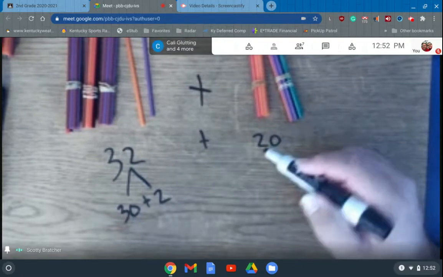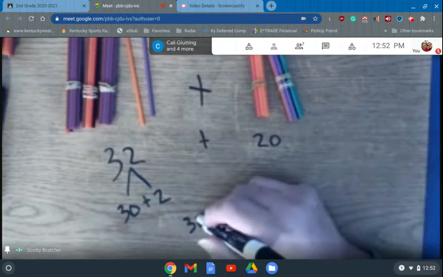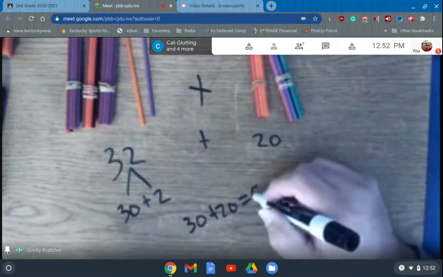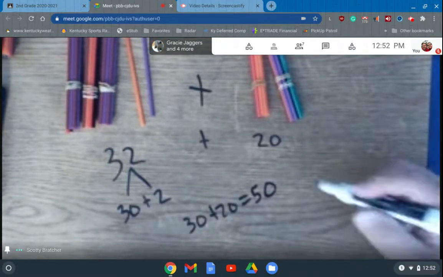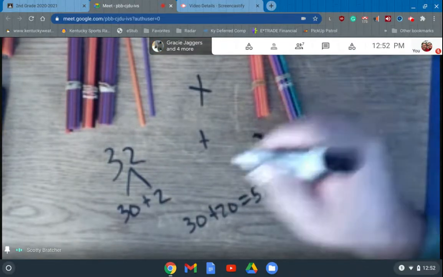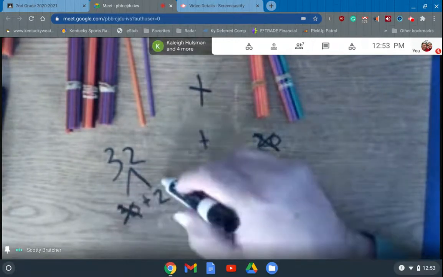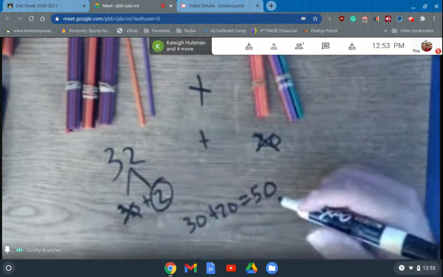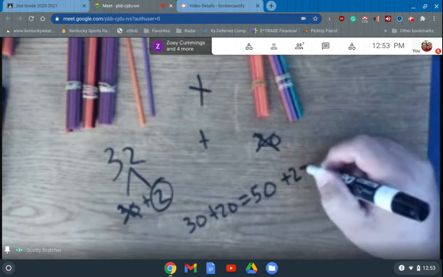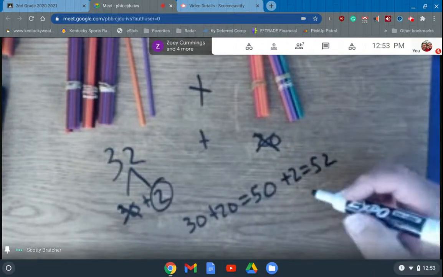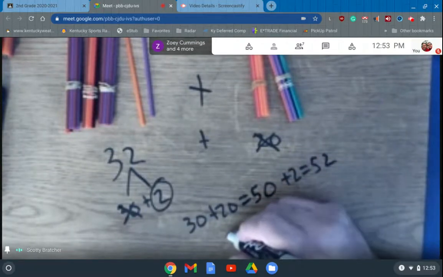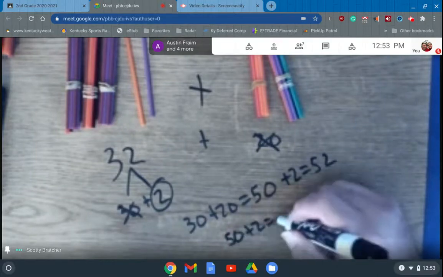So I've got a tens number and a tens number. So I'm going to say 30 plus 20 equals 50. Okay, so that I got rid of that one. I got rid of that one. The only one left is that 2. So I can either put plus 2 equals 52, or I could come down here and write 50 plus 2 equals 52.